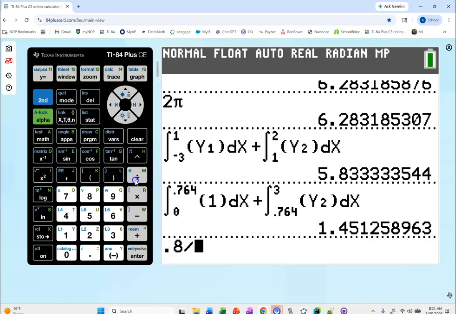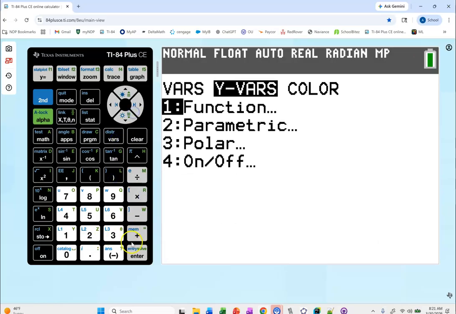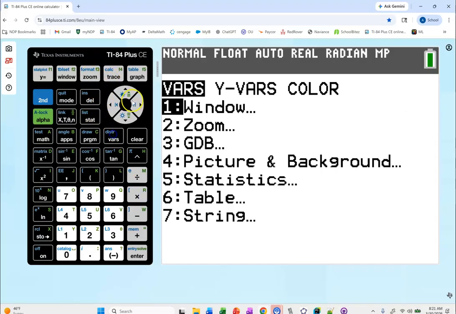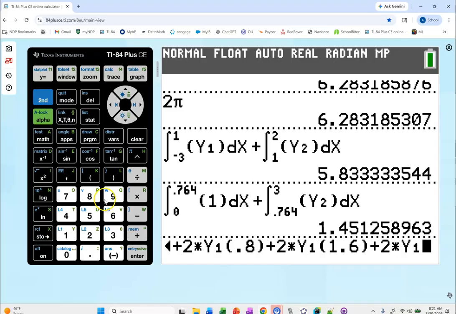So I have 0.8 divided by 2 times, and then I'll do y1 of 0 plus 2 times y1 of 0.8 plus 2 times y1 of 1.6 plus 2 times, and just kind of keep grinding this away.